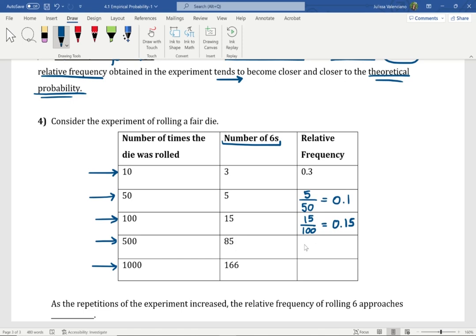Then the relative frequency is 85 out of 500, which is equal to 0.17. Imagine you roll a die 1,000 times and you get 166 6s. The relative frequency here would be 166 divided by 1,000, which is equal to 0.166.